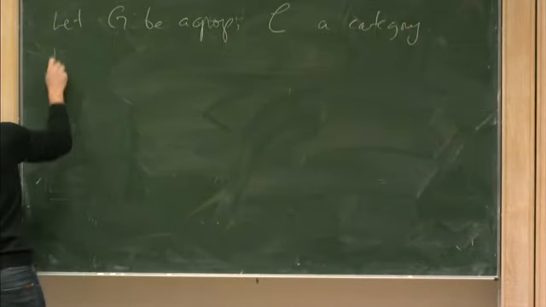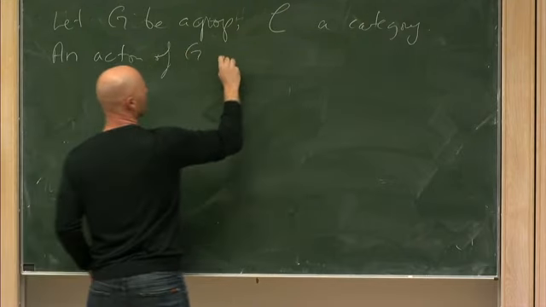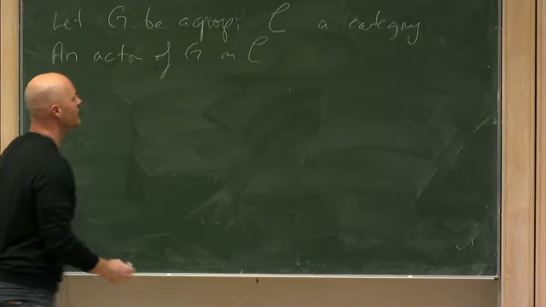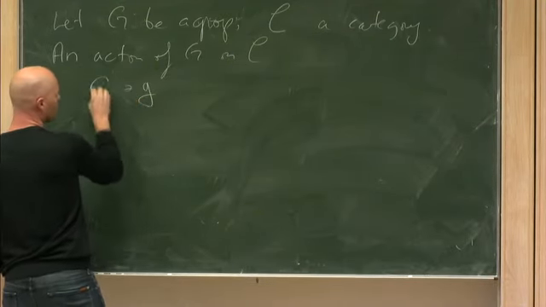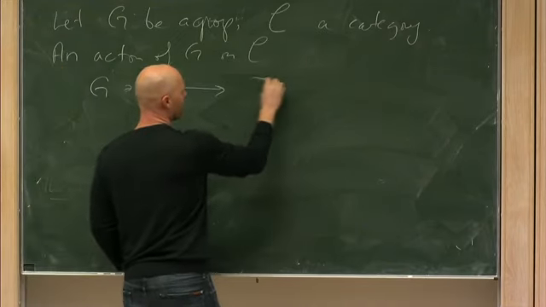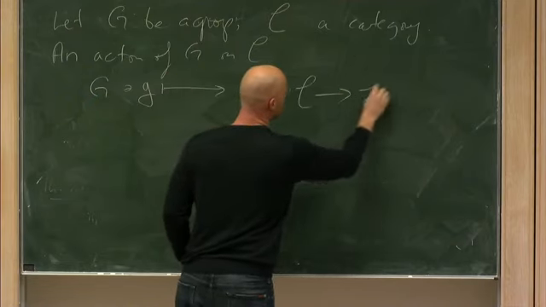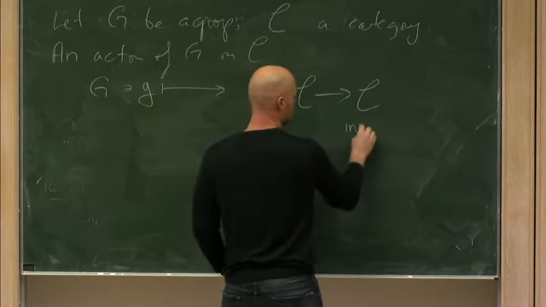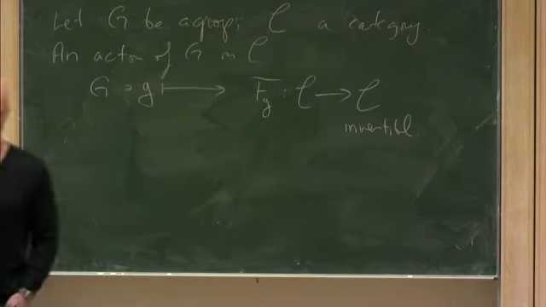So an action of G on C is what? Well, what kind of data do I have to give you? So to each element in the group, I have an invertible endofunctor of C. So a functor from C to itself, which is invertible.